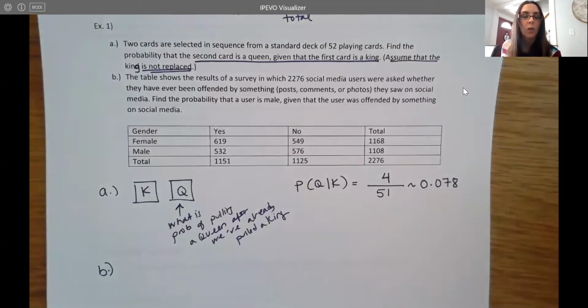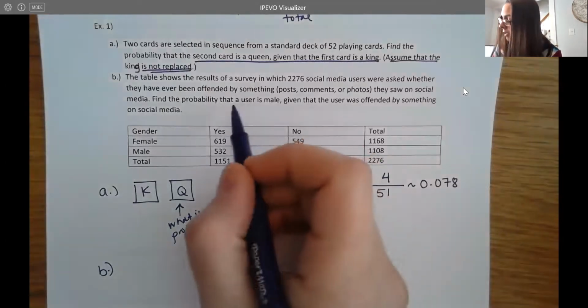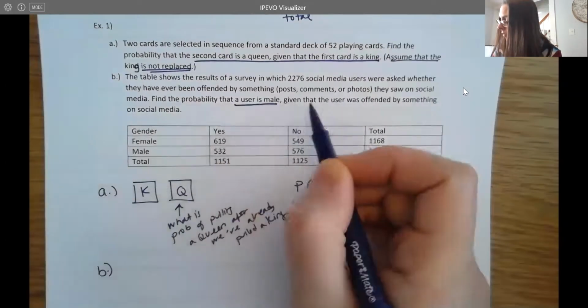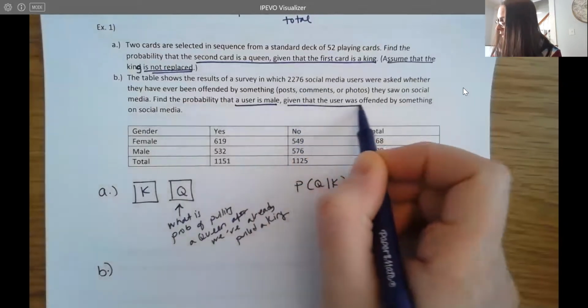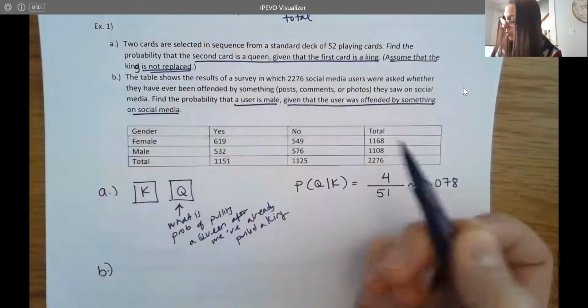The table shows the results of a survey in which 2,276 social media users were asked whether they've ever been offended by something. It could have been a post, a comment, or a photo they saw on social media. So basically the people answered, yes, I was offended, or no, I have never been offended. So we want to find the probability that a user is a male given that the user was offended by something on social media.